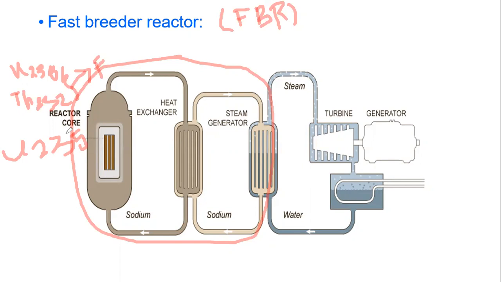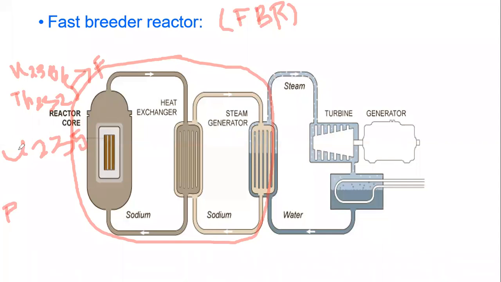The fission of uranium 235 produces the fissile materials plutonium 239 and uranium 233.